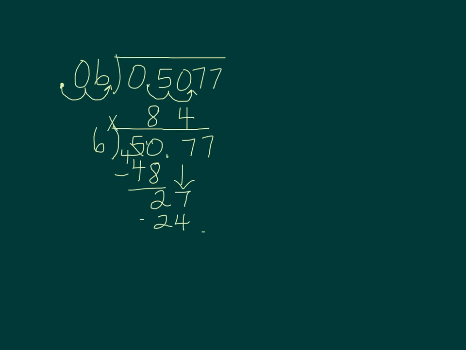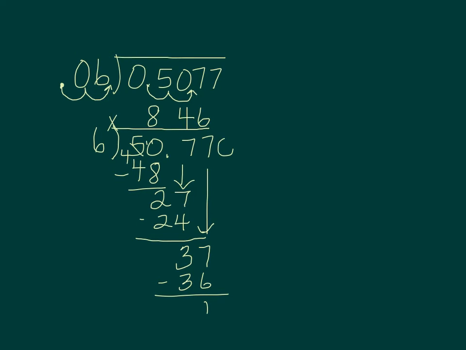And now I subtract. 7 minus 4 is 3. And I bring down another 7. Now 6 times what is close to 37? 6 times 6 is 36. Subtract. 7 minus 6 gives me 1.